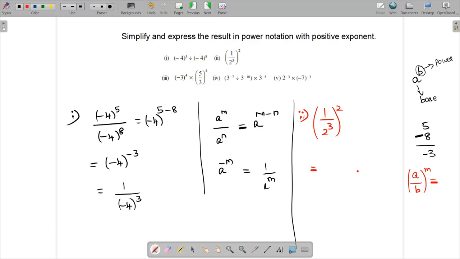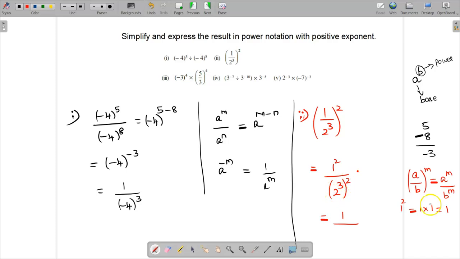Whenever we have different terms in the numerator and denominator with a common power, we can split it, because the power applies to both terms: a power m divided by b power m. So we write 1 square divided by 2 power 3 the whole square. 1 square means 1 into 1, which is 1. So the numerator is just 1.